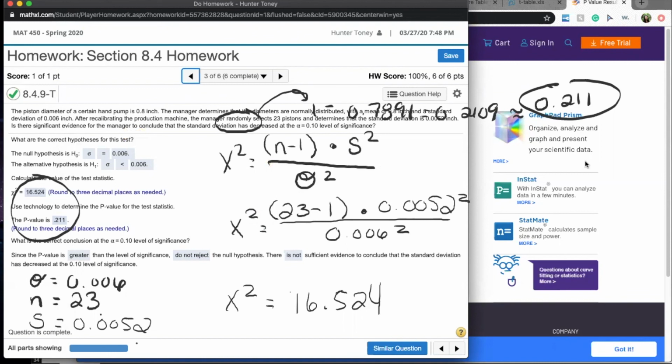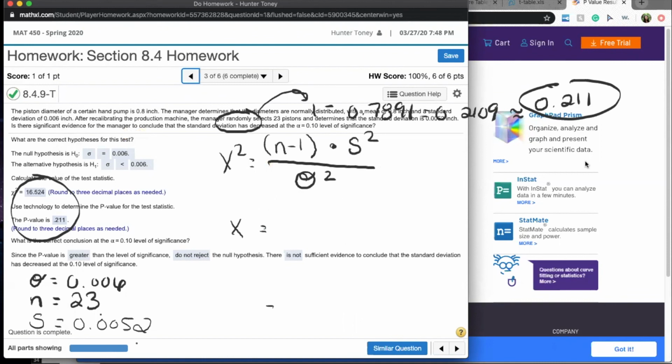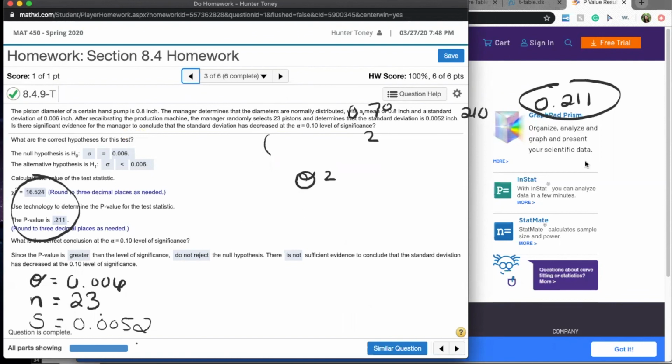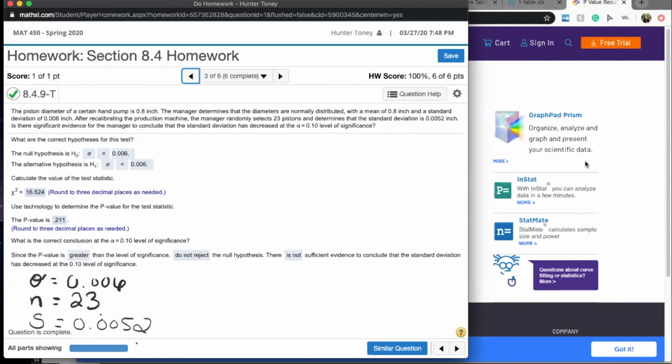So if we're just looking at our variance, that means we have to start squaring some of our values. We want to square our sample standard deviation and our population standard deviation, but we don't need to square our n because we're still dealing with the same number of pistons. It's just we're squaring our standard deviations.